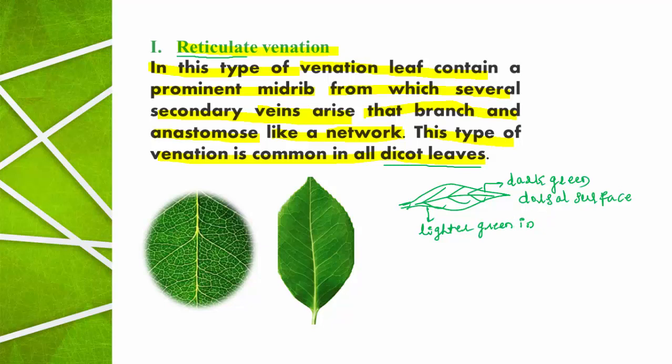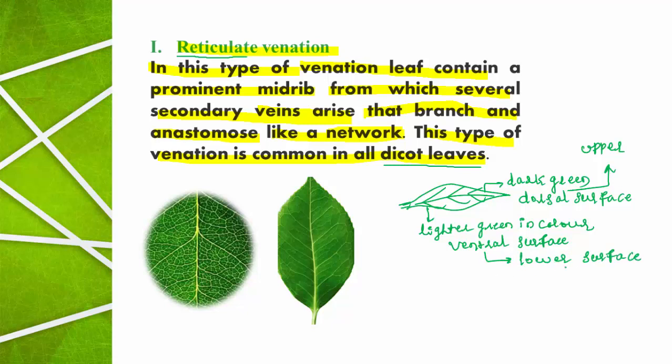You can also have a look because you can easily get a dicot leaf. Rose leaf is a dicot leaf, hibiscus leaf is a dicot leaf, betel leaf which is regularly consumed by man is also a dicot leaf. It is lighter green in color as compared to the upper surface, and this surface is called the ventral surface. So the dorsal surface means the upper surface and the ventral surface means the lower surface.